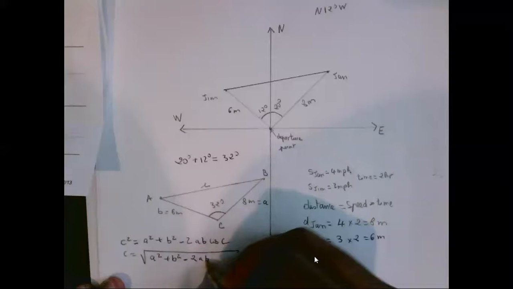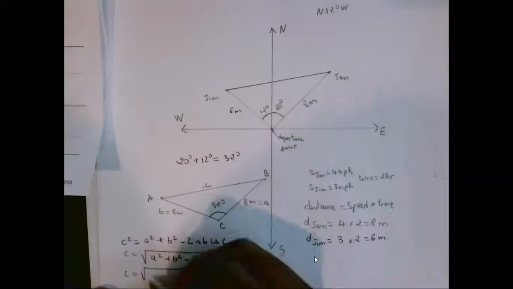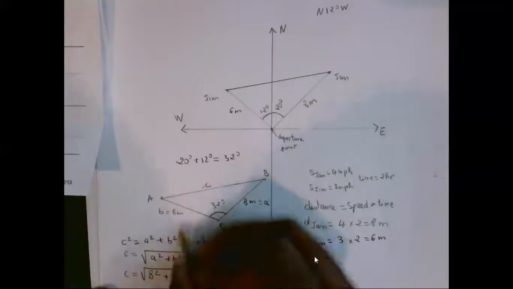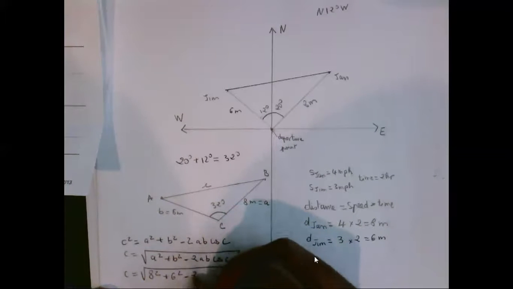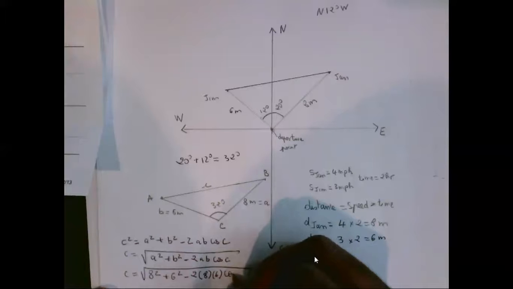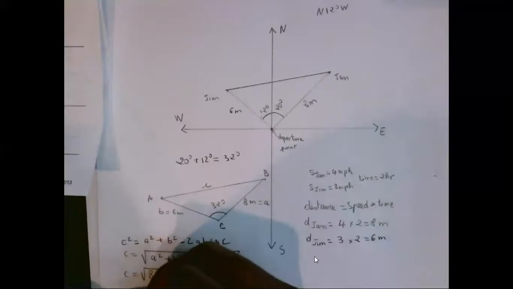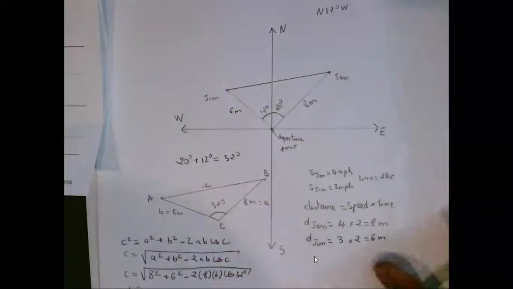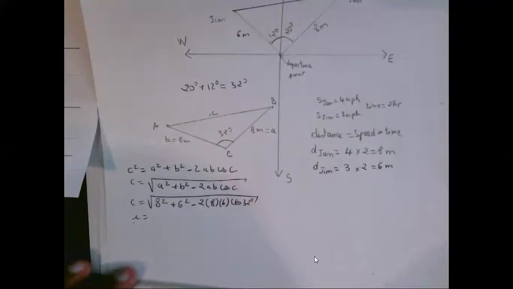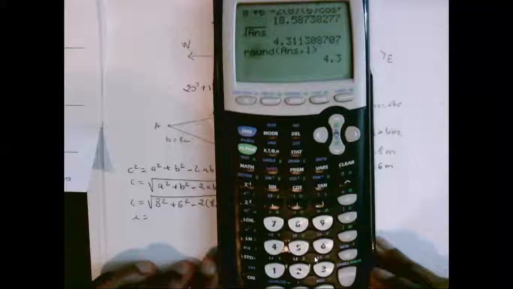And I plug in the values, so a is 8, so 8 squared plus b squared, 6 squared, minus 2 times 8 times 6 cosine of 32 degrees. So I take the calculator and determine the answer, and it told me to round everything to the nearest tenth.